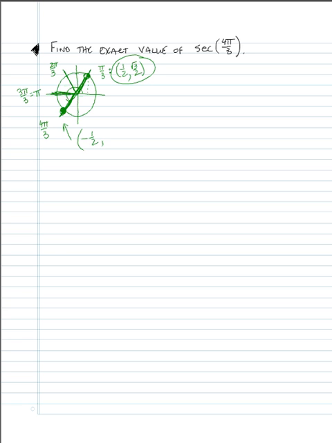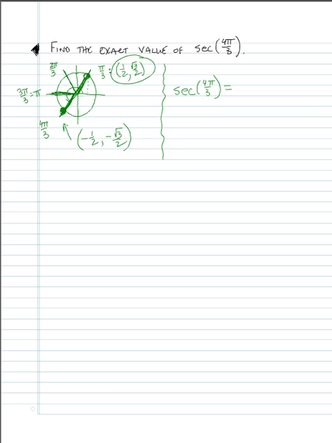It's going to be negative 1/2, and the second coordinate is also going to be negative, so it's going to be negative square root of 3 over 2. Now that we know the point, we're able to consider calculating the secant of 4 pi over 3.